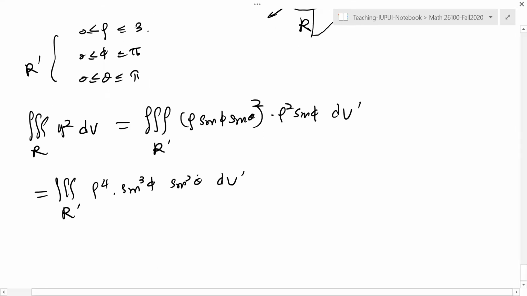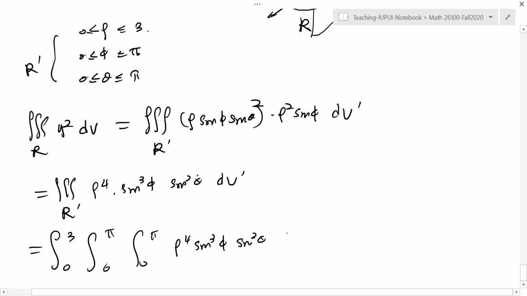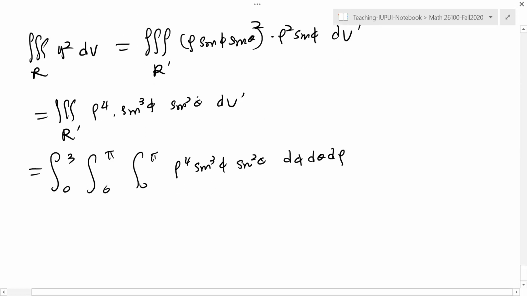But because this is a rectangular box, from 0 to 3, from 0 to pi, from 0 to pi, and the inside one is phi, then theta, and rho, we have to evaluate the integrals one by one, each of them.